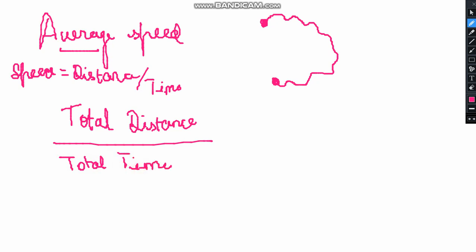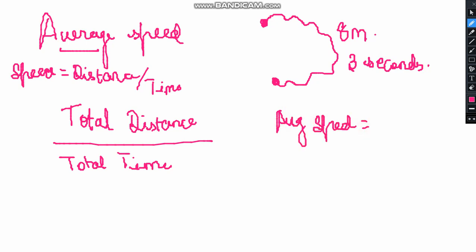Suppose a particle goes about 8 meters and takes a time of 3 seconds. Then what is the average speed? Average speed is equal to 8 by 3, in meters per second.